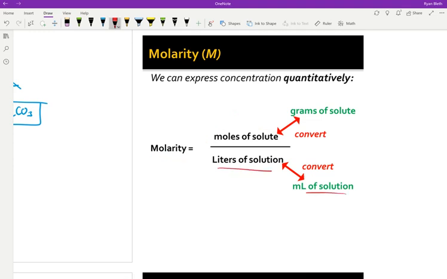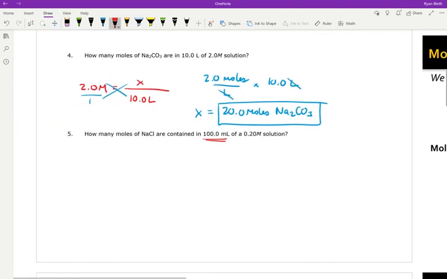I can start with milliliters, but I've got to make a conversion to use it in the equation. So let's let the first thing that we do be that conversion. What's 100 milliliters converted into liters? Remember, you can do that conversion on paper, or you can just sort of do it in your head, as long as you do it right. That's the key. That's going to be 0.10 liters of solution.